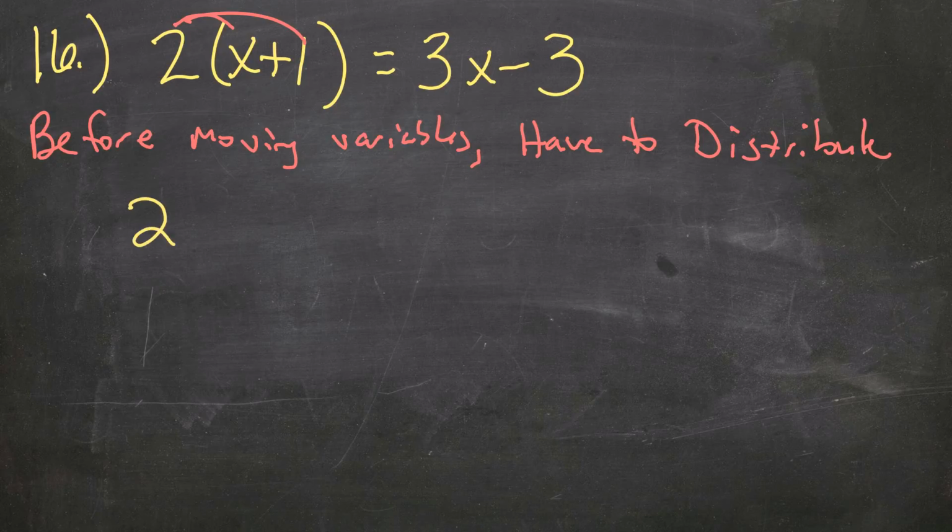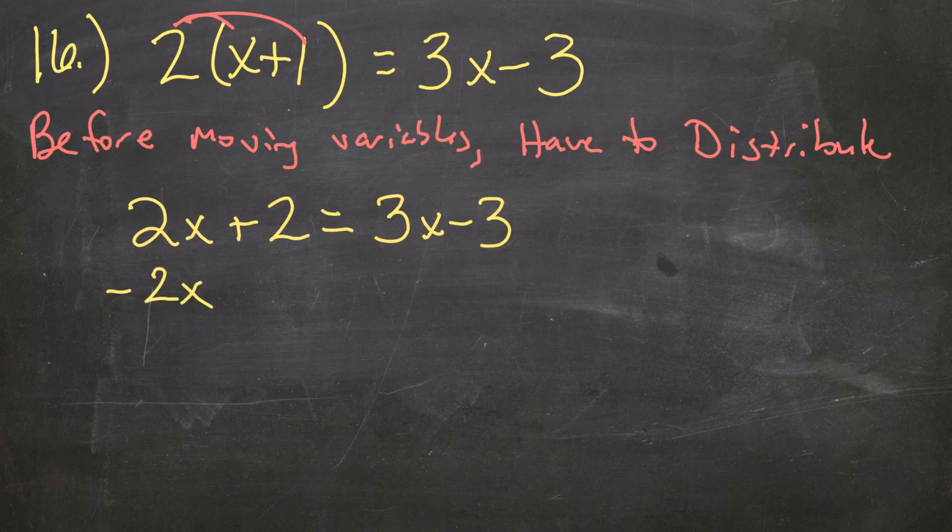So 2 times x is 2x, 2 times 1 is 2, so this turns into 2x plus 2 equals 3x minus 3. Now I'm allowed to move my variables. 2x is the smallest, so I subtract 2x from both sides. I end up with 2 equals x minus 3.